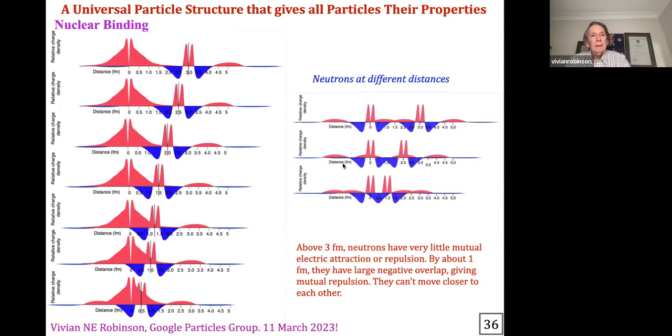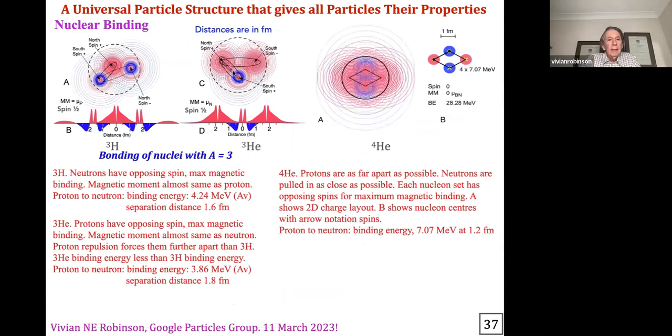Now, to give an indication of how this works here, we'll consider these A = 3. In the first case, you have 3H or tritium. Two nucleons have opposing spins, so that they will add magnetic binding.